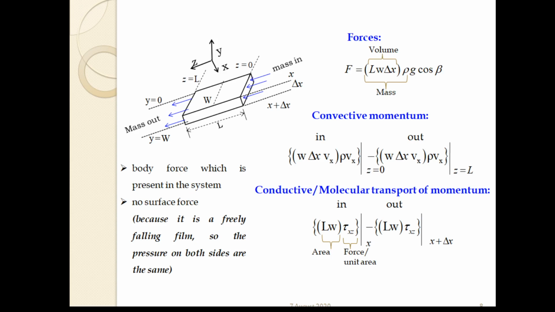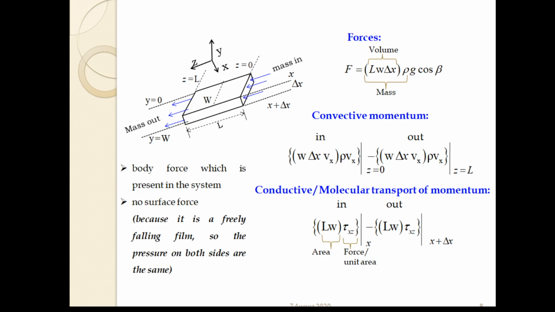The force acting on it will be the mass multiplied with g cos beta, the gravitational force term, which acts vertically, making an angle beta with the inclined plate. So the component will be g cos beta, and overall the force acting on it will be L W del x rho, which is our mass, multiplied with g cos beta.